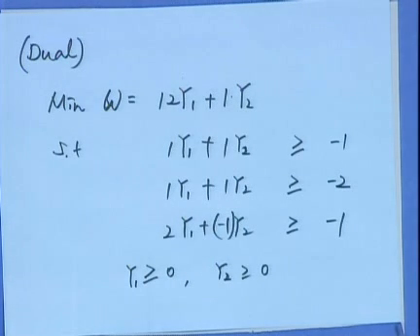Okay, now we need to answer the second question. It asks us to use the weak duality theorem to show that the optimal objective value of the primal problem is less than or equal to 0.